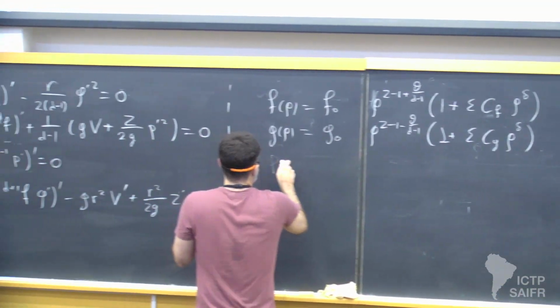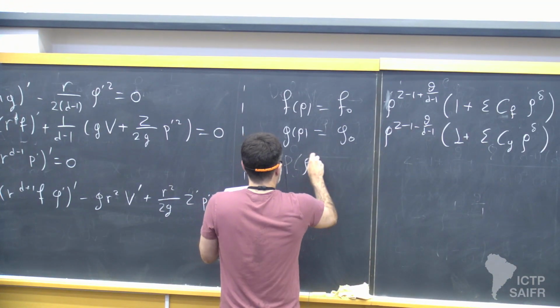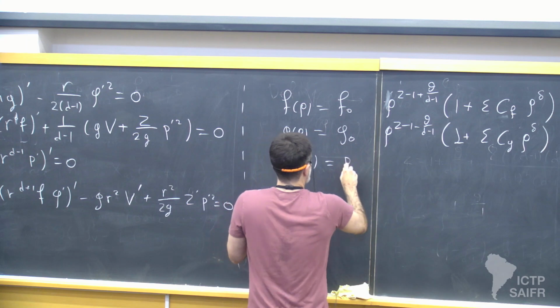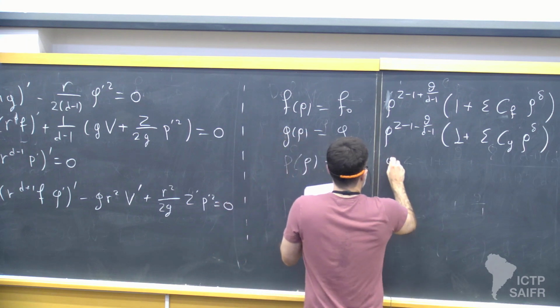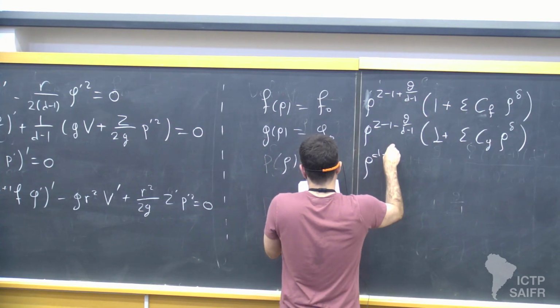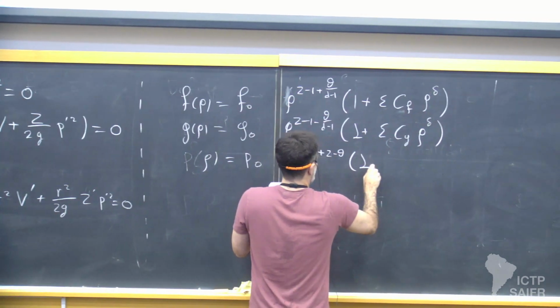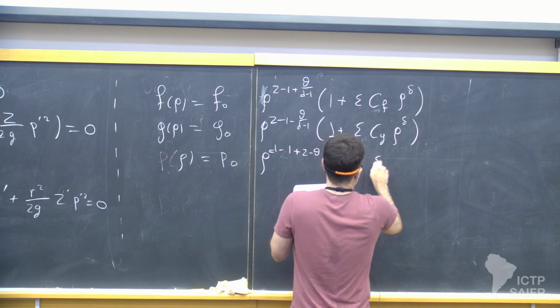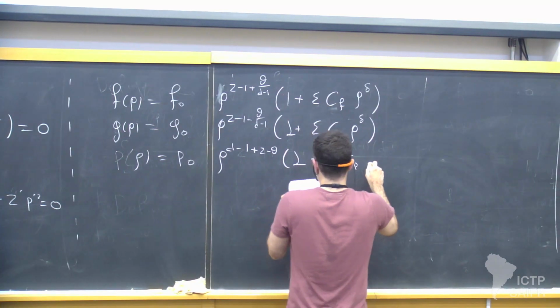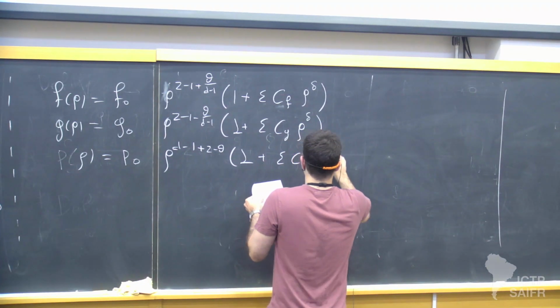And for p, I will write the same thing. There is the background, and I will have a 1 plus epsilon, some constant Cp, rho to the delta.